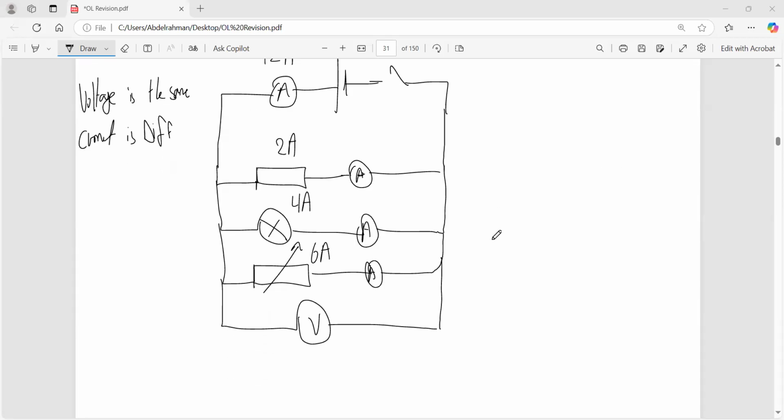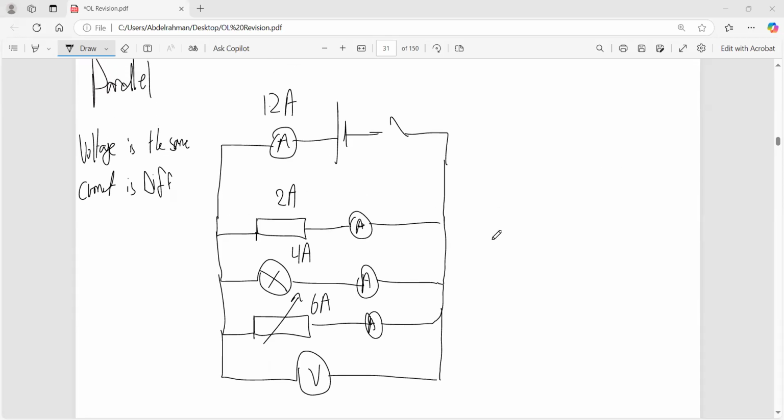The current increases. So just by looking at these components, you'd say that the fixed resistor has the highest resistance, while the variable resistor has the least resistance, and that's why it has the highest current.